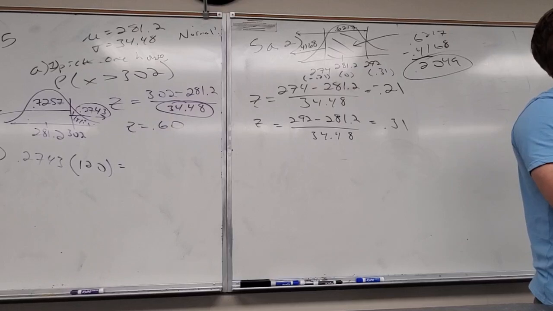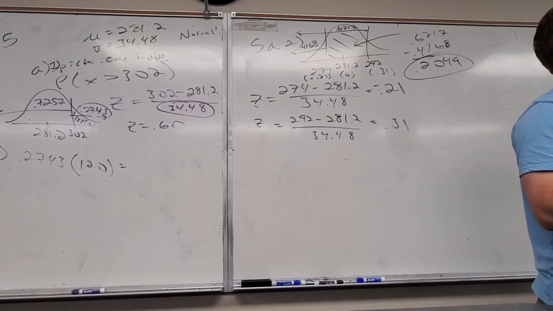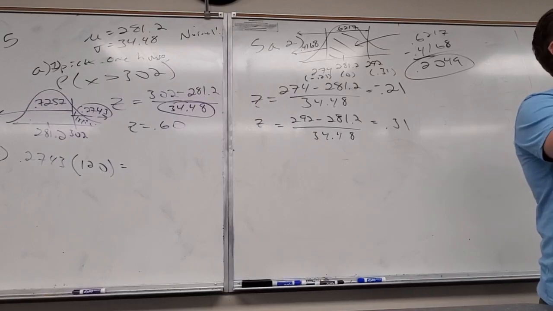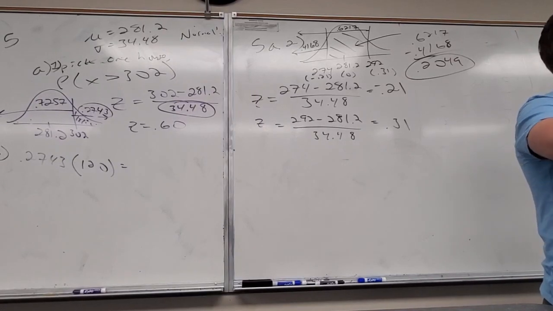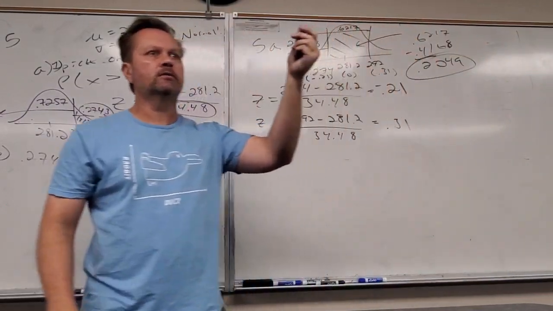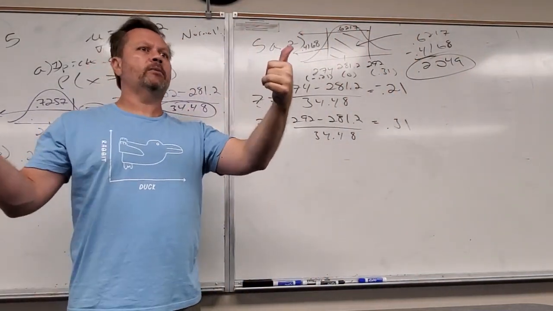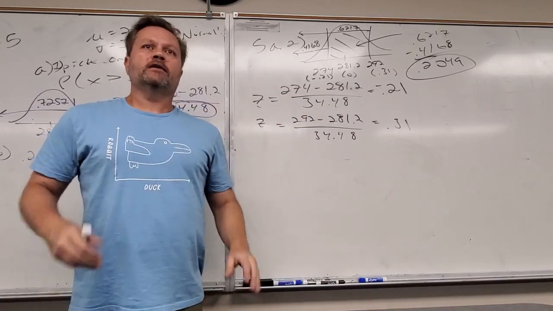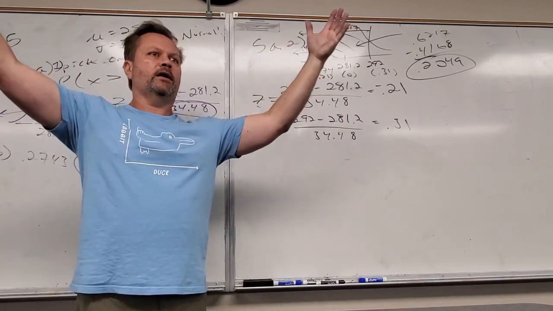What does a z-score being negative mean? It has a physical meaning. It just means it is below the mean. In fact, don't we have a whole positive and negative side of the z-score chart? Cool. So z-scores have to be able to be negative, of course. But areas can't be negative, right?